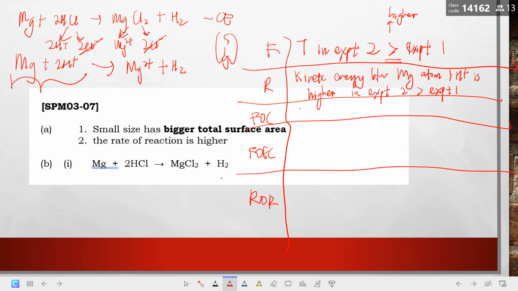Frequency of collision between Mg and H plus particles. Tak payah, particles tu dah tahu kan kena sebut. Is higher in experiment 2 compared to experiment 1. Yeah, okay. Kena ada compared, cikgu tak tulis compared tadi. Okay, to experiment 1. This is the exact format to answer.